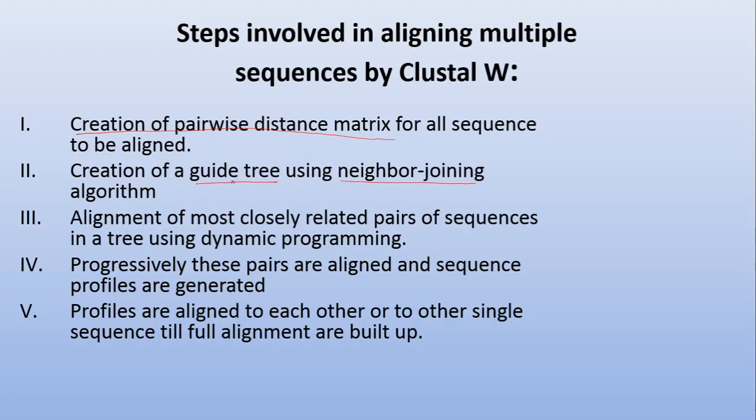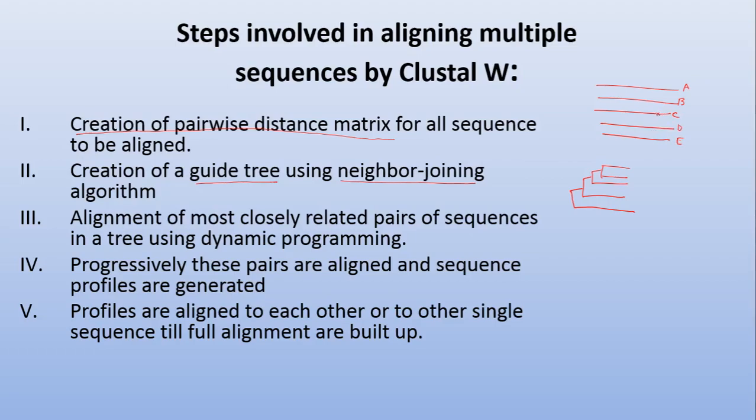Once you end up with a guide tree, say for example, you have got these multiple sequences. First, you would create a guide tree out of these sequences. This is a guide tree. You have got sequence A, sequence B, C, D, and E. So first what would you do?